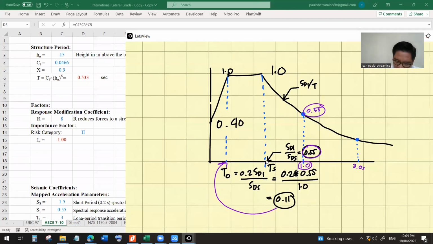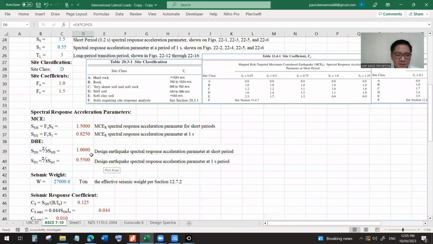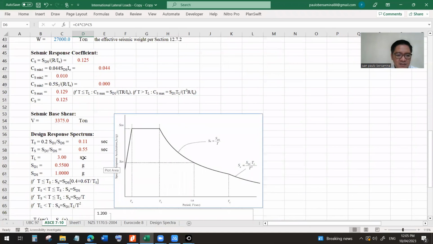So, ibig sabihin, nandito siya. So, pasok sa loob niyan si building. Which means, nandito siya sa peak. Kaya ang governing niyang spectral acceleration is 1G. Okay? 1G.